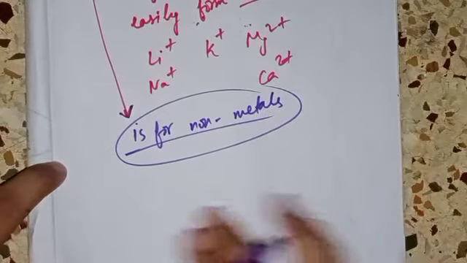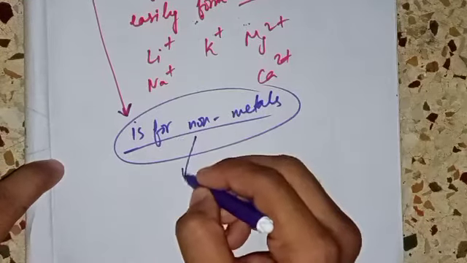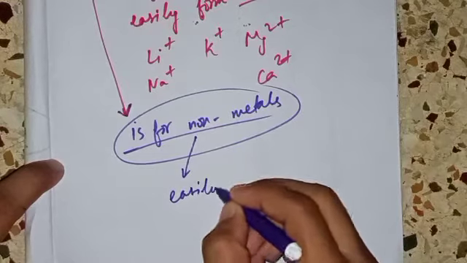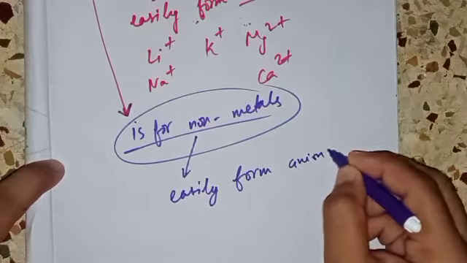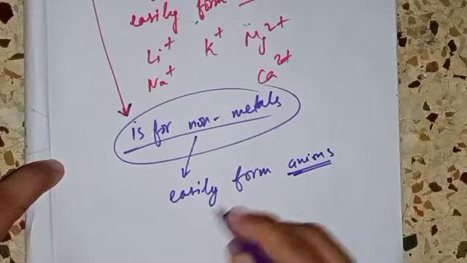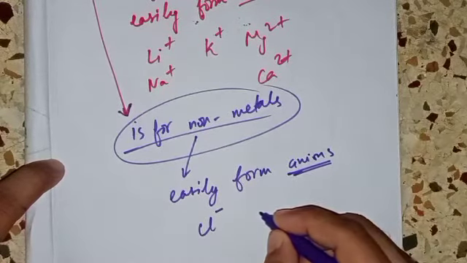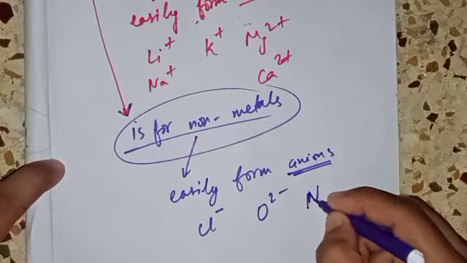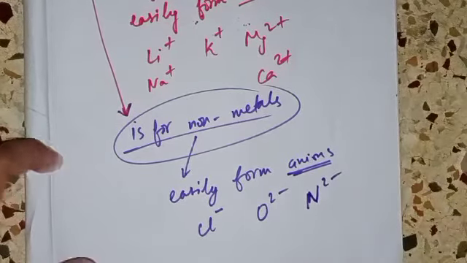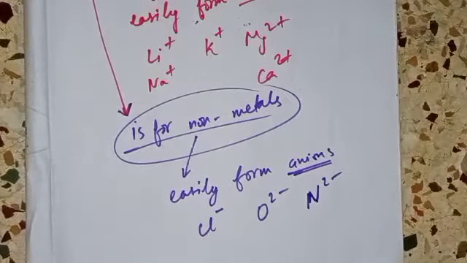So high electron affinity is for the easy formation of anions, like Cl-, O2-, N2-, N3- and so on.